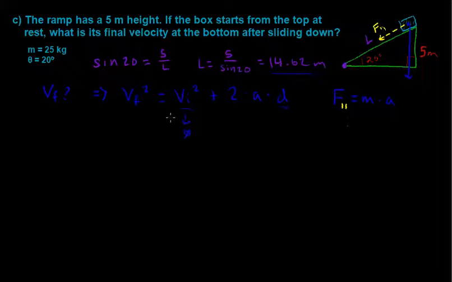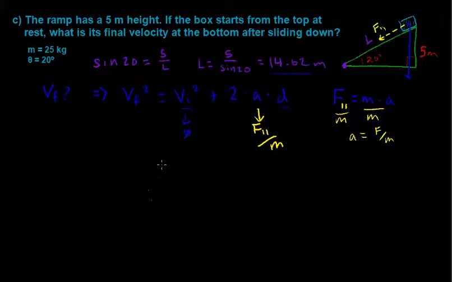So what we're going to do is substitute for our acceleration variable in our equation parallel force divided by mass, because when you divide by mass on both sides, you get that acceleration is equal to force divided by mass. So we're just going to substitute force divided by mass for our acceleration.